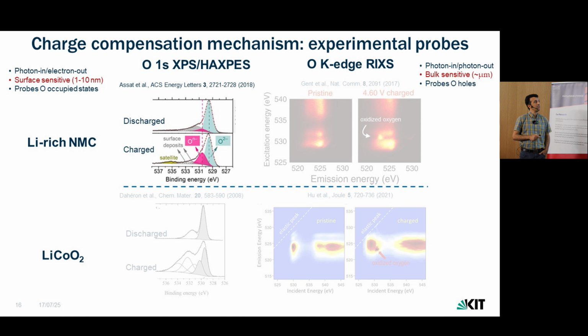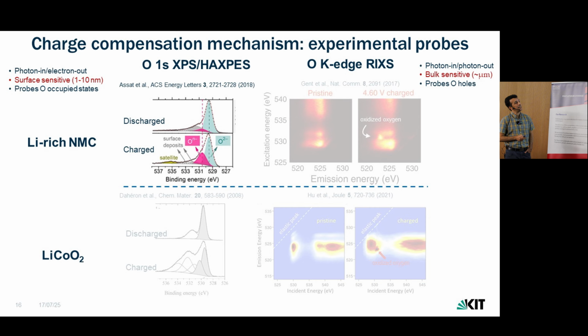What we learn again from the literature, if we look at the oxygen peak during charge and discharge in lithium-rich materials, is that we have new components which are related to some oxidation of oxygen. In Daeron in 2008, they saw that there is also during charge a new peak here.